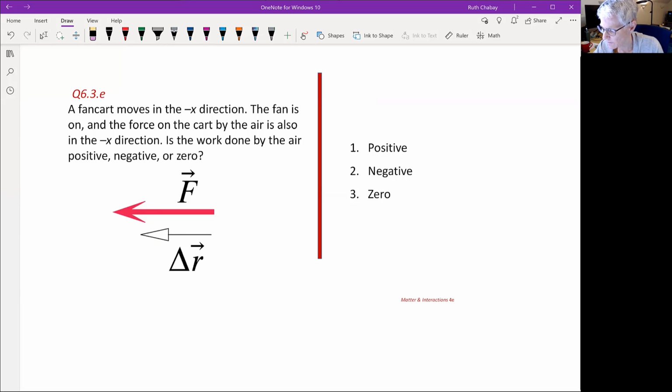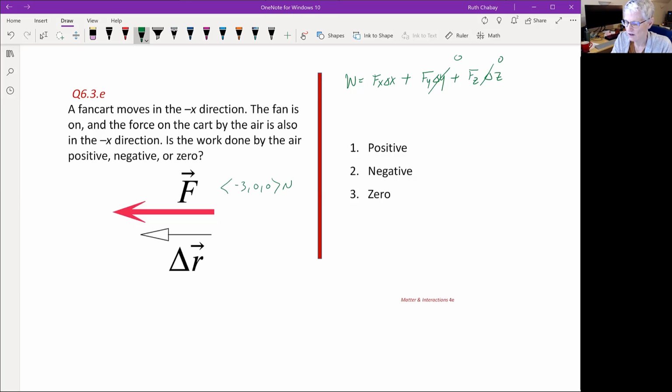And so we have work is equal to Fx delta x plus Fy delta y plus Fz delta z. These are zero. And here, Fx is a negative number. Let's say F is negative 300 newtons. When delta r is in the negative x direction, it means x is getting more negative.